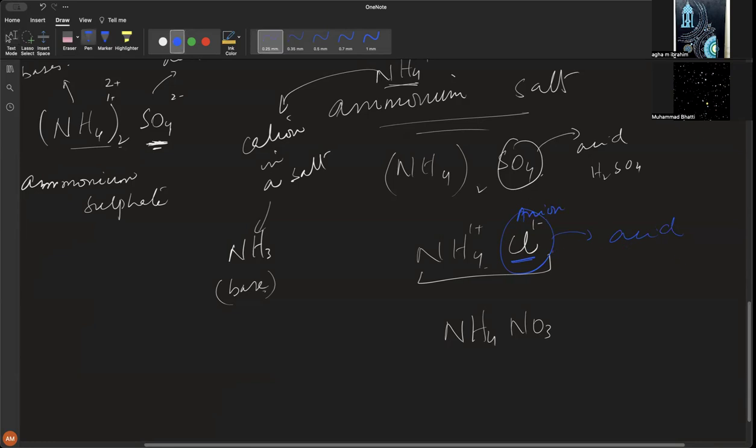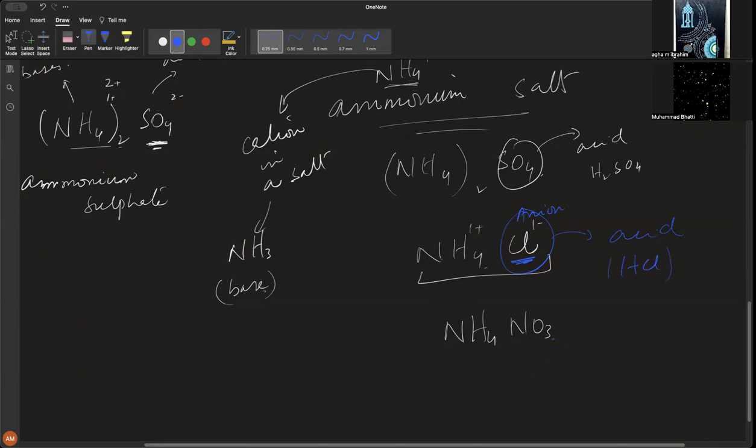So this anion, what type of acid would it be coming from? What would be the acid from where this chloride ion is coming from in this salt? HCl, right? Easy.